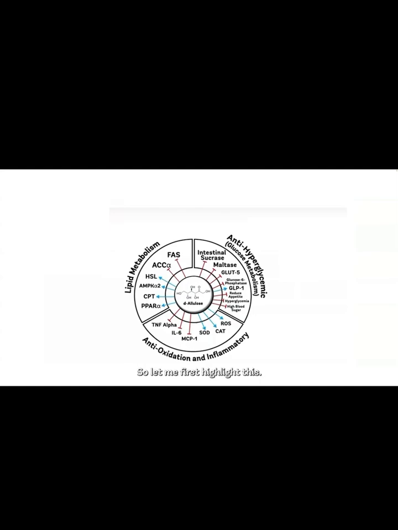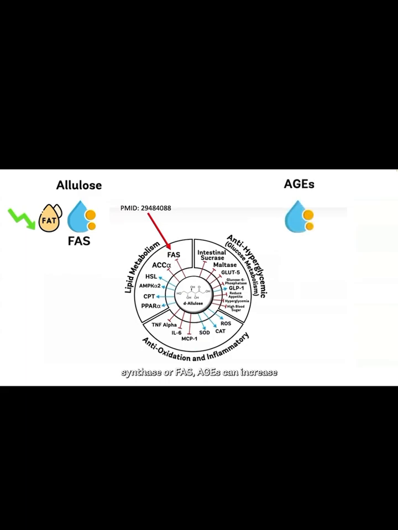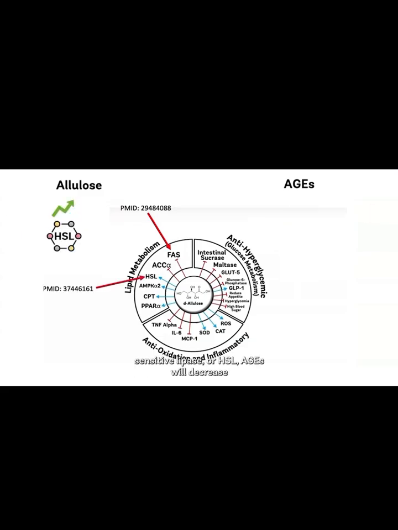So let me first highlight this in the upper left, lipid metabolism. Whereas allulose inhibits fatty acid synthase, or FAS, AGEs can increase the activity of this enzyme, leading to much more fat accrual. While allulose enhances hormone-sensitive lipase, or HSL, AGEs will decrease the activity of HSL, which is a fat-burning hormone.